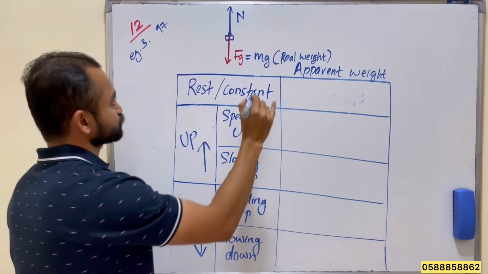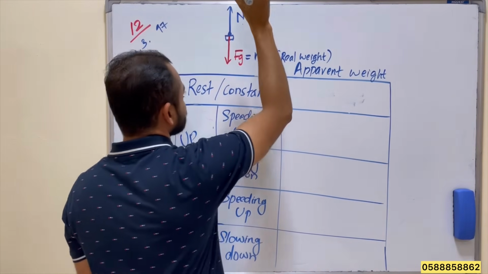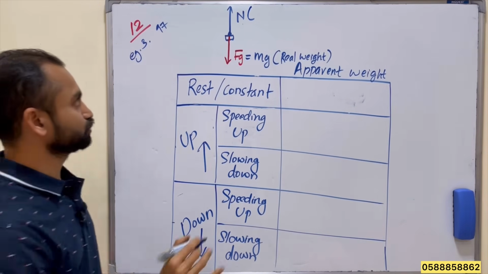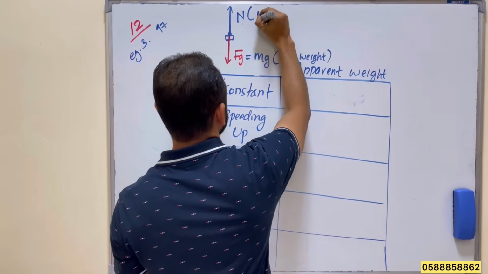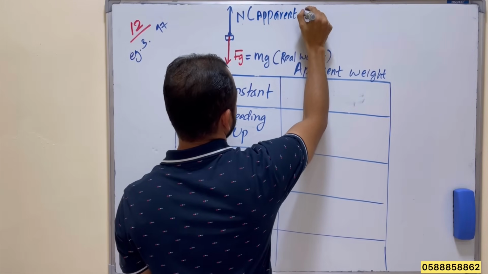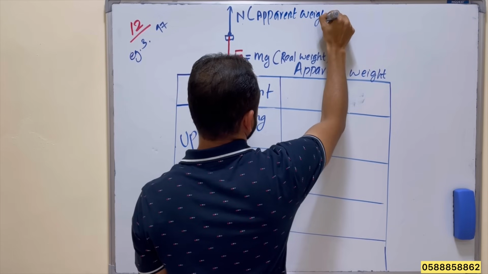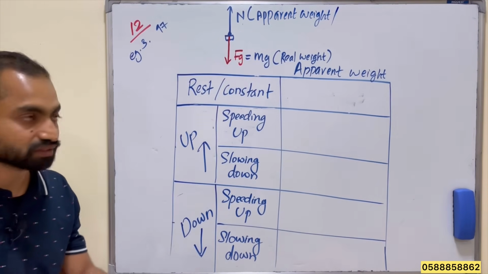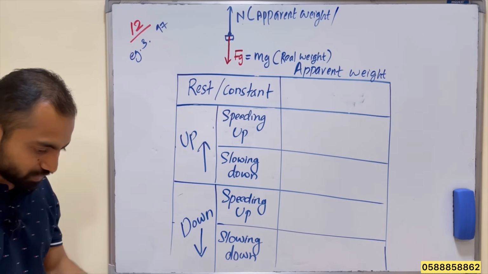So the normal force is called the apparent weight. And this is the weight the machine reads.